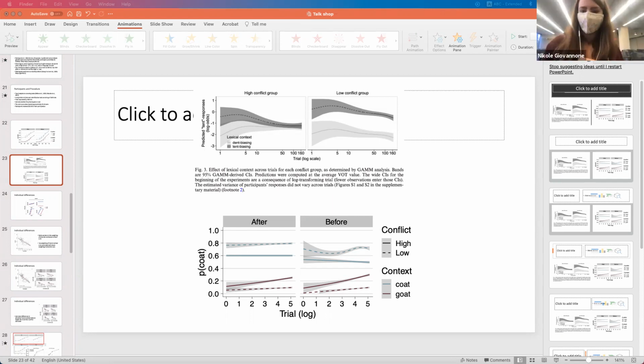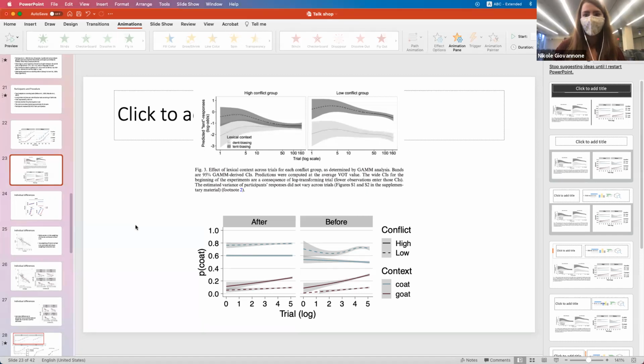I can jump in really quick. Yeah, Nicole. So what's happening here is on the x-axis, we have trial on a logarithmic scale. And what that ends up doing is it amplifies the differences that are present in just the first few trials. So it's not that everybody is starting out immediately at a difference.